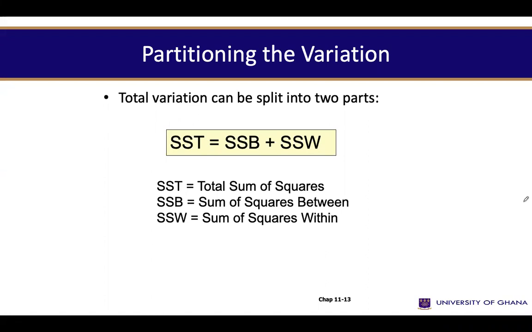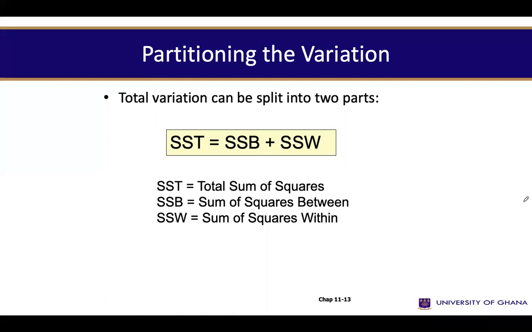Now, the total variation existing in the data that we have for the groups where we want to test their differences can be split into 2 forms of variation. Number 1 is the variations between the groups, and number 2 is the variations within the groups.